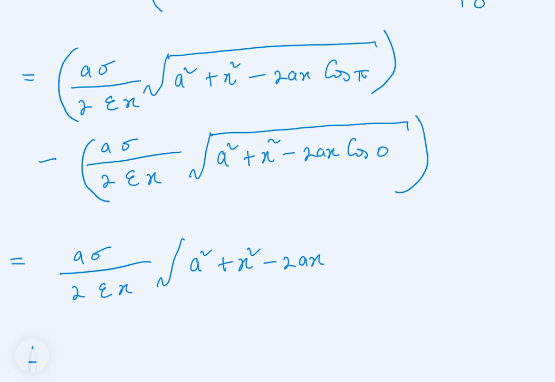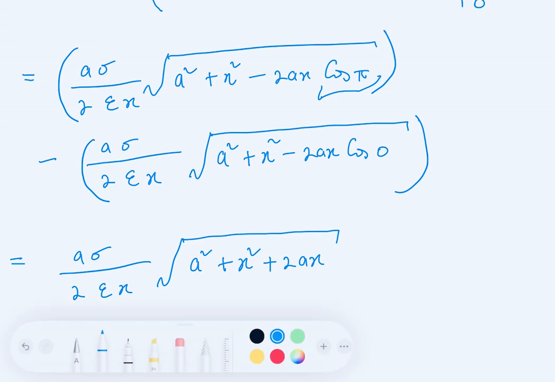Let's correct that. As we said, cos pi is minus 1, so minus 1 times minus 2ax is positive. So over here in the first bracket, this should be a positive now.